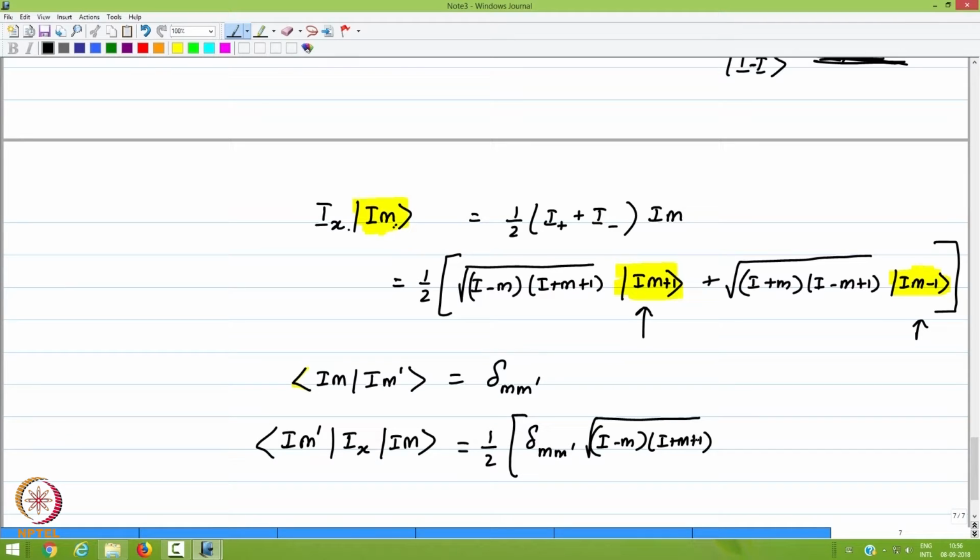Here m prime has to be equal to m plus 1 in order for ix on im, which gives you im plus 1, to be non-zero.